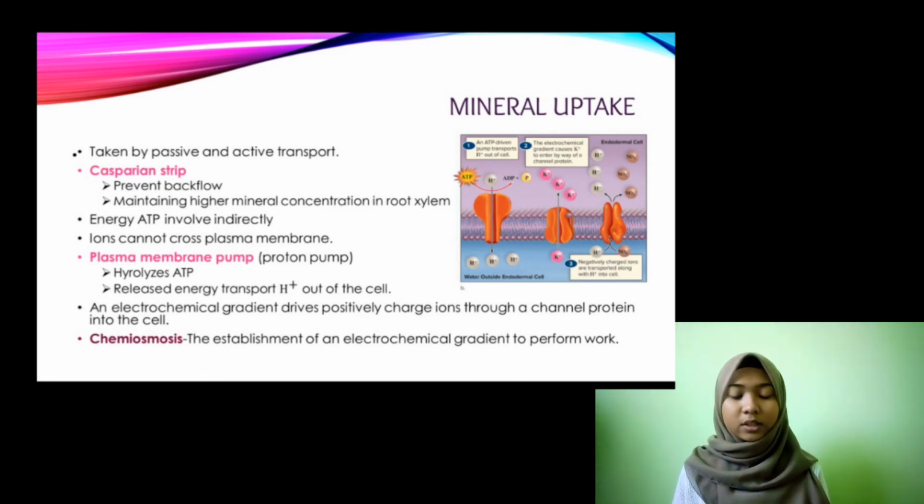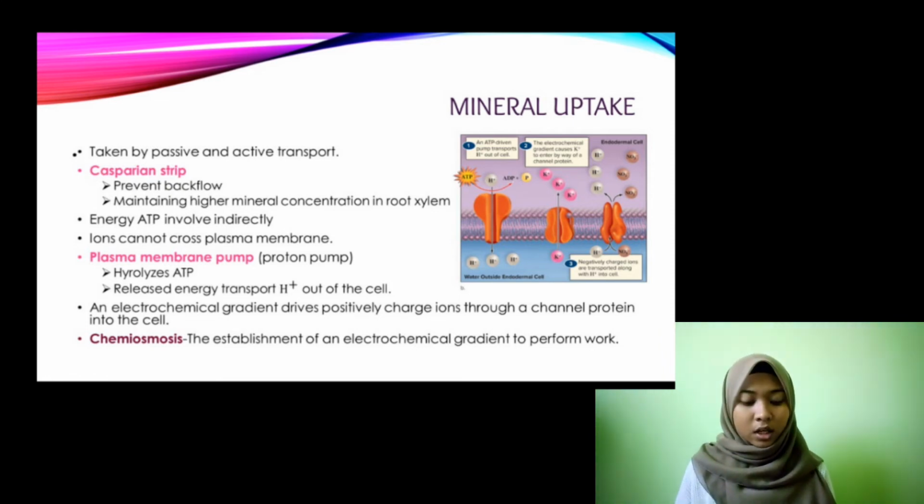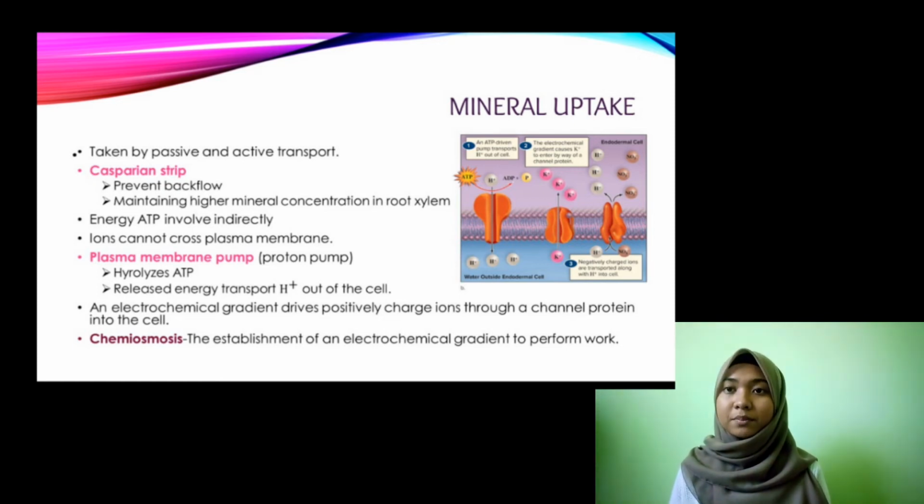Negatively charged mineral ions such as NO2- are transported along with H+ by carrier proteins. Although H+ does not require any energy because it moves along the gradient. These models are based on chemiosmosis. Chemiosmosis is the establishment of an electrochemical gradient to perform work.